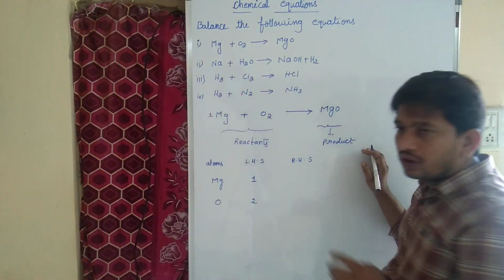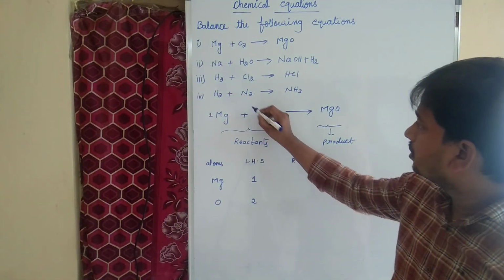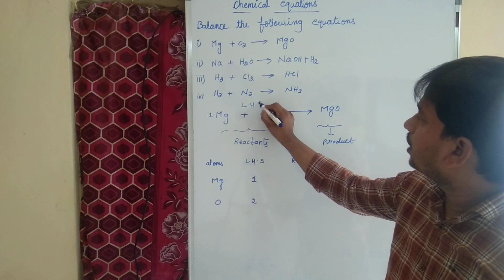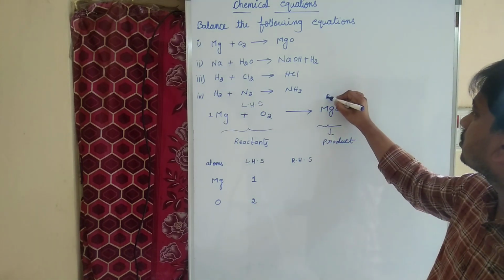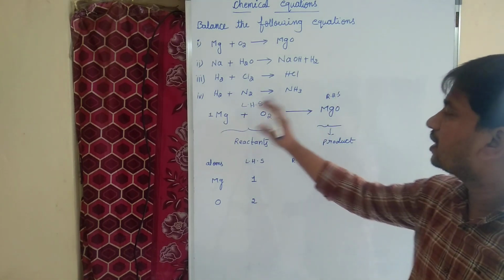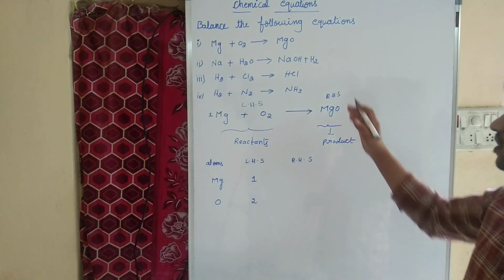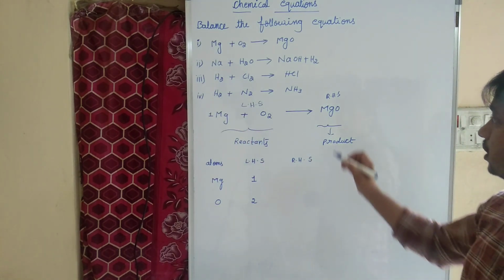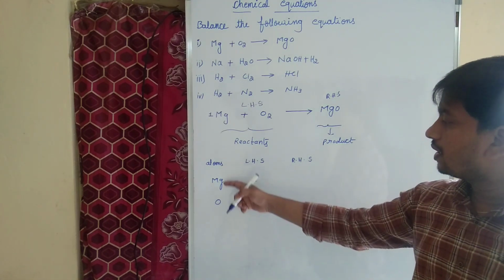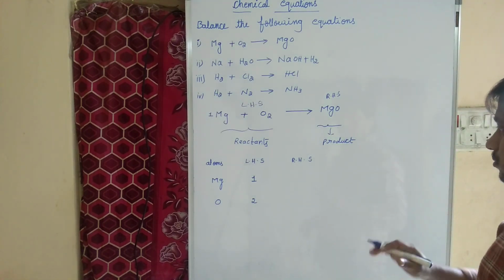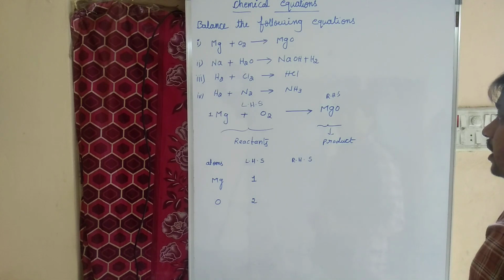Now coming to right hand side, this is our left hand side. This is called LHS and this is called RHS. Before the chemical reaction we call it LHS, after the chemical reaction we call it RHS. So if you observe here, what are the atoms towards the right hand side of the chemical equation?